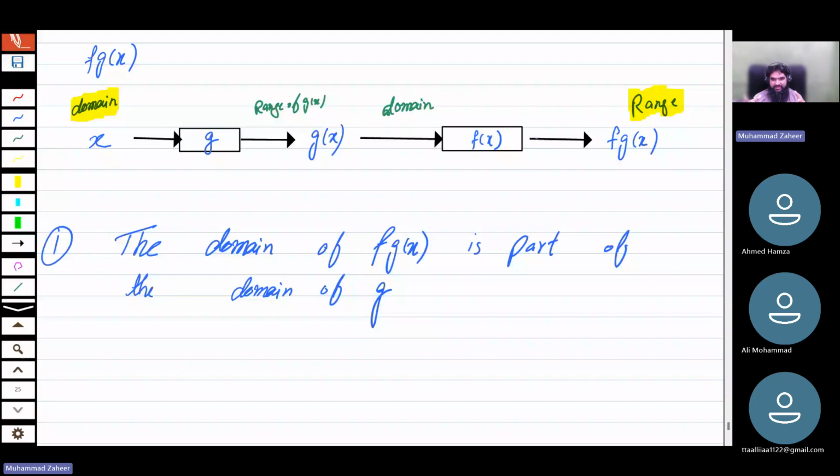So in short, you can say that the domain of f of g of x is just a smaller part, or it may be equal, but it is a part of the domain of g of x.